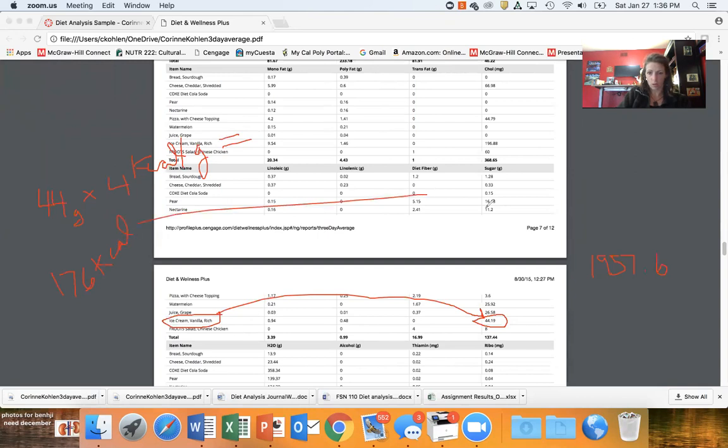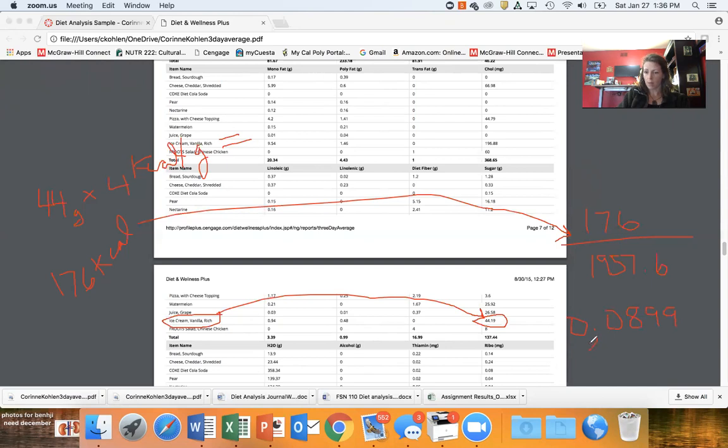Now I'm going to bring that over here and divide it by my total calories for that day, because remember, they were different than the first day. And I get 1957. I get 0.0899, and so on.